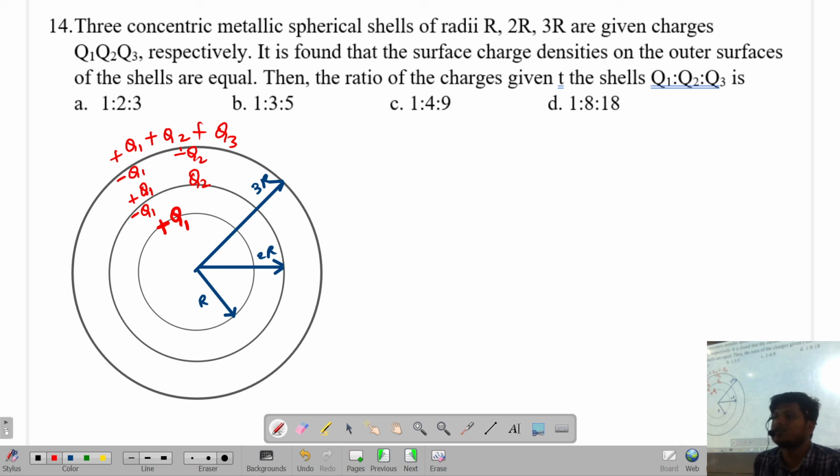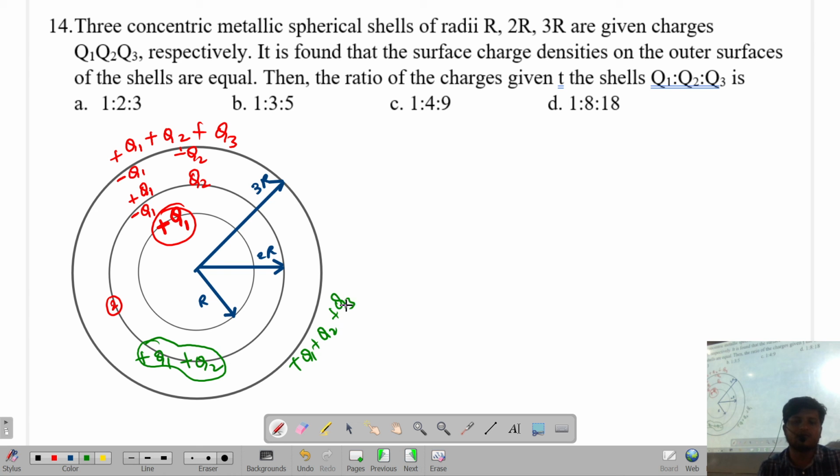So on the surfaces of the first spherical shell, how much is the charge? Plus Q1. On the surface of the second spherical shell, plus Q1 plus Q2. On the third, plus Q1 plus Q2 plus Q3.